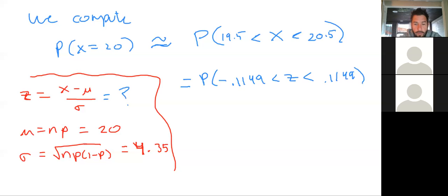And then, of course, if you go to your calculator or the back of your book, wherever you want to go, you get, oh, wrong button.